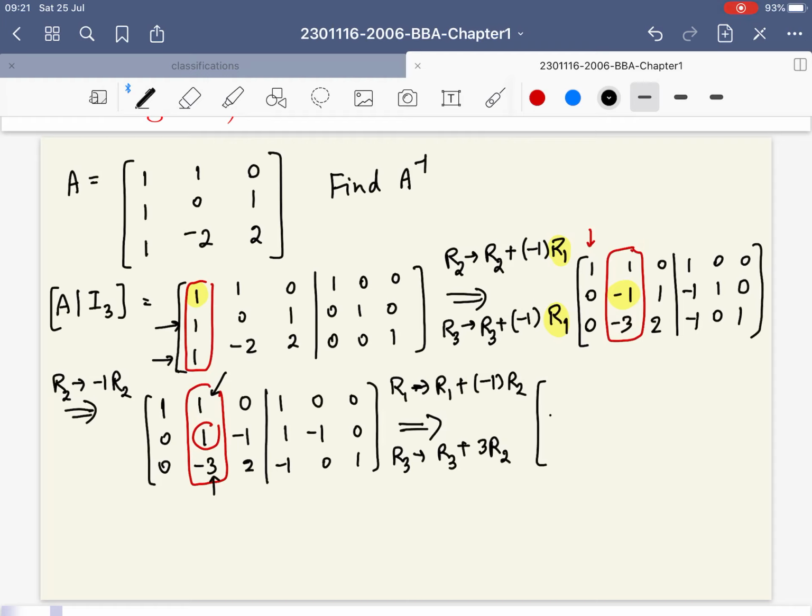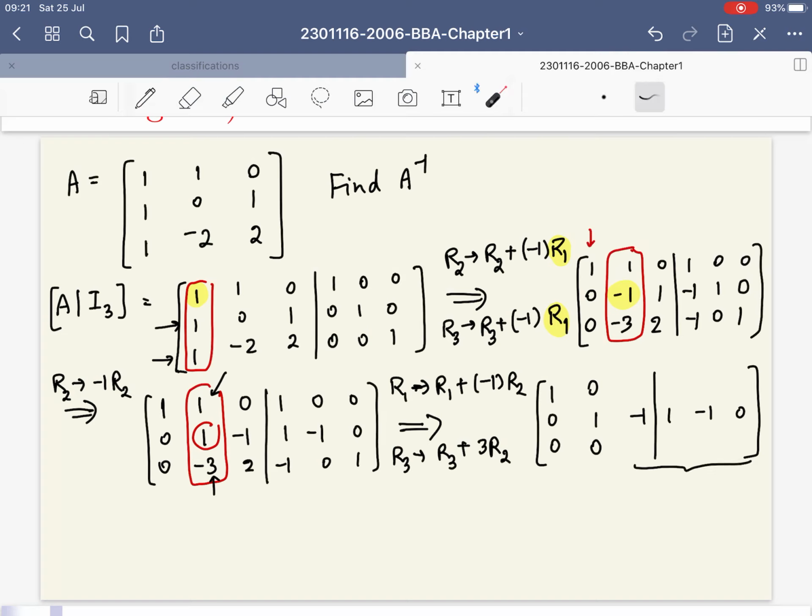Okay, so let me squeeze it right here. As I told you, your R2 remains the same. The first column is already done, and if you did it right, the second column must be like this. So the one that you need to calculate is only this part.